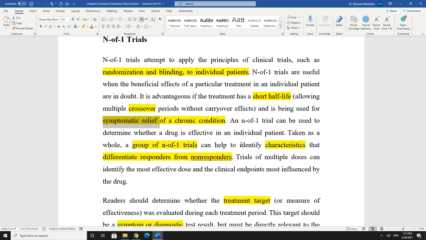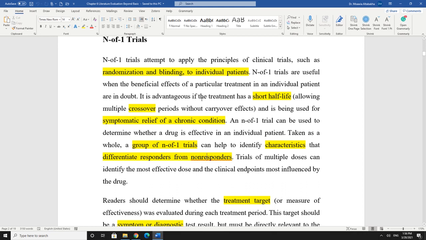Several investigators have done that for their patients. So I can look at them all, and from that I can identify the characteristics that differentiate responders, meaning those who respond to the treatment and benefit from it, compared to those who do not respond. Again, I will say it again so it becomes clear to you.